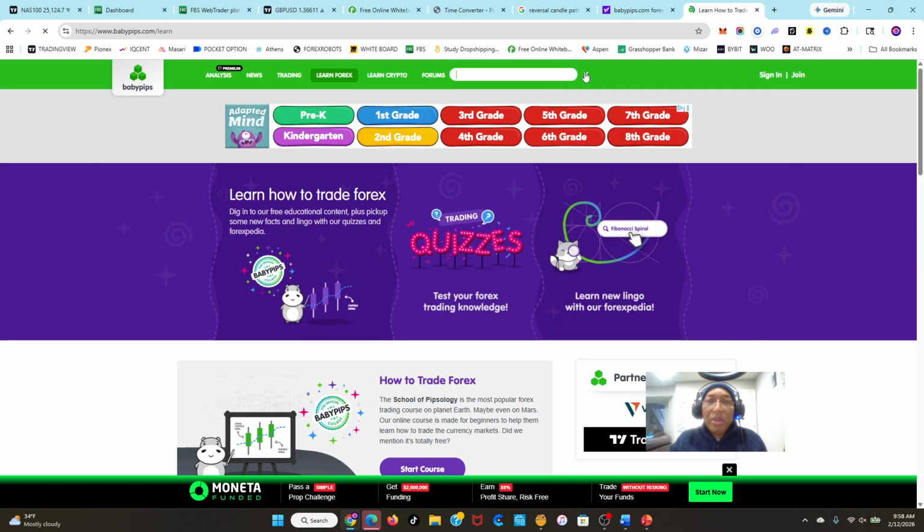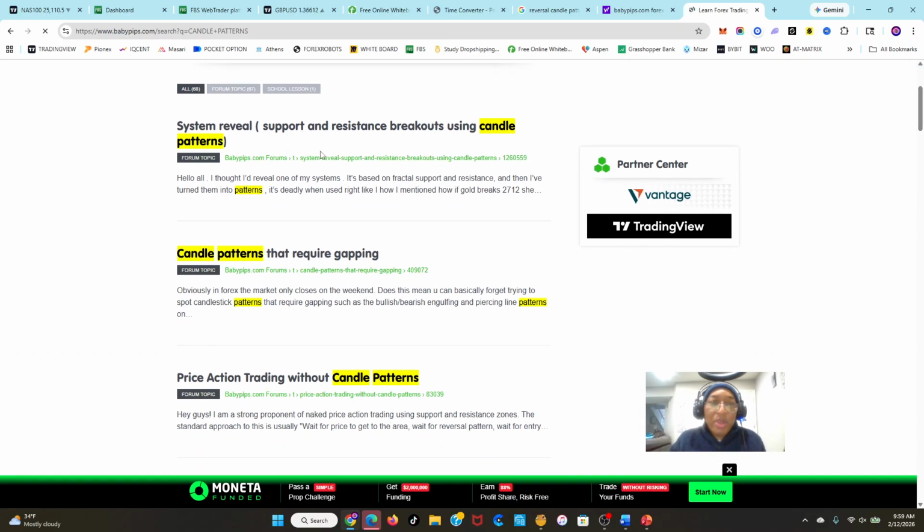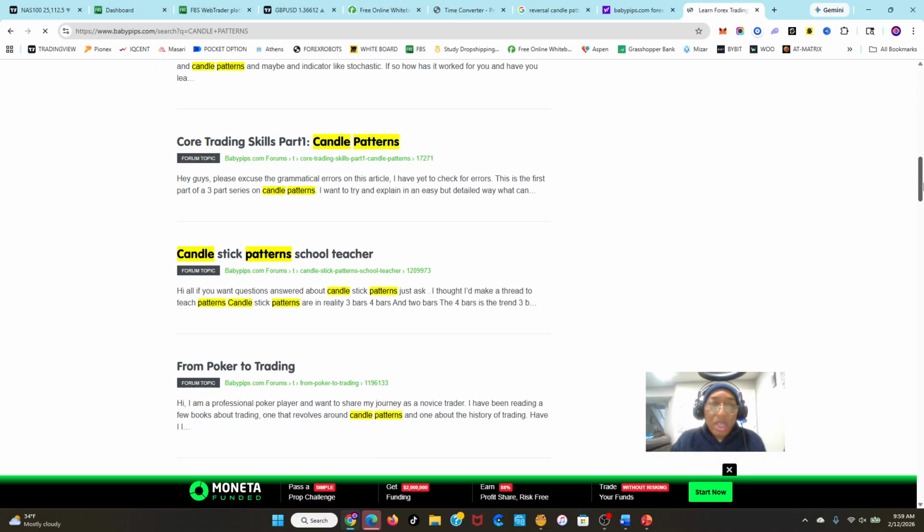Just look for candle patterns. The little bars, we call them candles. These are Japanese candles, started by a Japanese rice trader many, many years ago. They were trading commodities in those days. Here we have Babypips, support, resistance, candle patterns. Obviously, we want to see the pictures.